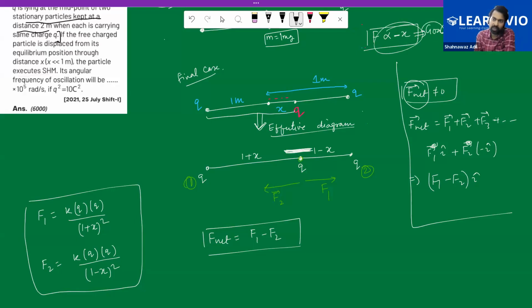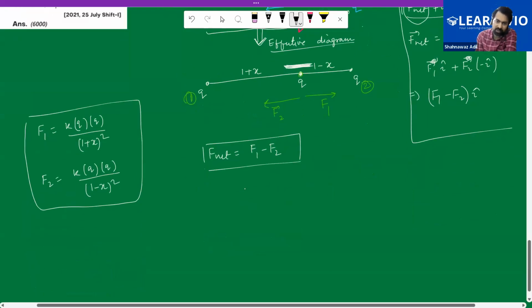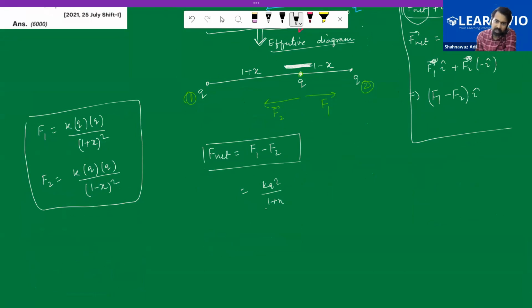Okay, so let us try to find that out. So F1, let's put this value. F1 is KQ square by 1 plus X square and minus KQ square by 1 minus X square. So this is 1 plus X, 1 minus X. If we take the LCM, this becomes 1 minus X square and then whole square.